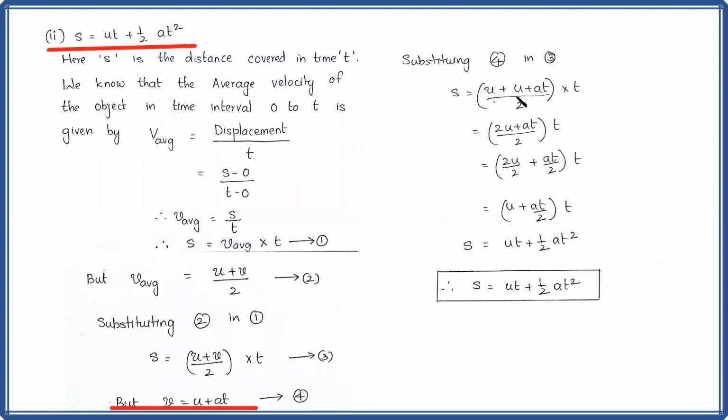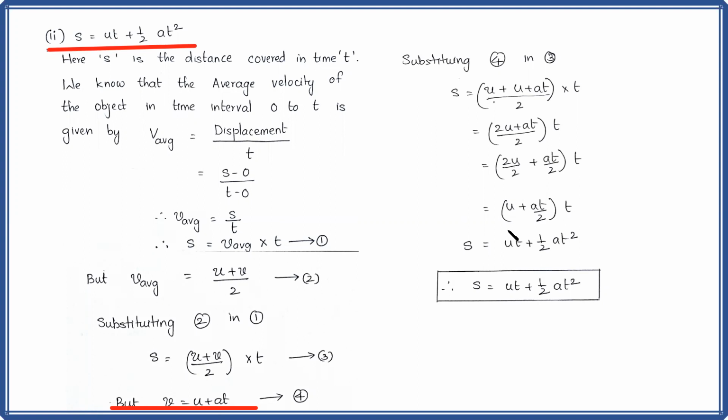That is U plus, in place of V, we are substituting U plus AT, and the whole is divided by 2, into T. Now U plus U is 2U plus AT divided by 2 into T. Let us take 2U by 2 and AT by 2 separately, whole multiplied with T. Then 2 and 2 cancel, U plus AT by 2 into T.